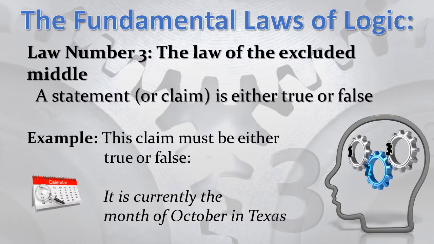We intuitively know that this statement cannot both be true and not true, and we learn through language and experience how to identify all that's around us, like months and dates, as well as all the other truth claims. It is either October or it isn't. There is no middle answer. There is only true or false. And that is what the law of the excluded middle states.